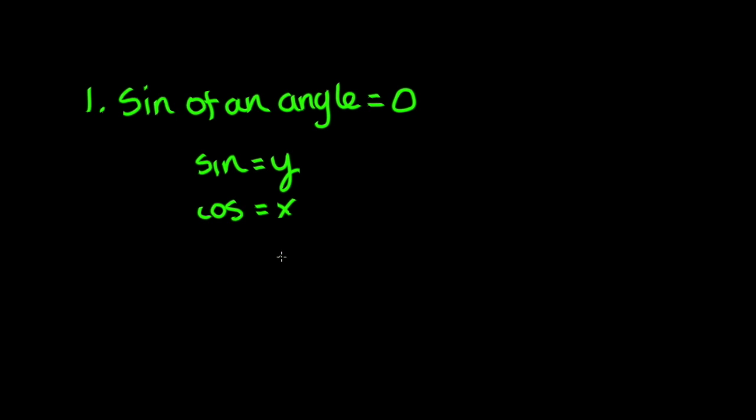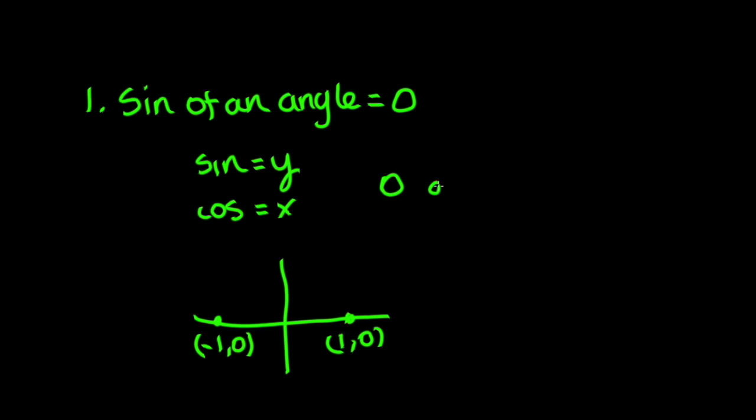These points are, if we look at our graph, right here at point 1, 0 at the very beginning, and also at point negative 1, 0. At both these points, you can see that the y-coordinate is equal to 0. So our answer is going to be 0 degrees and 180 degrees.